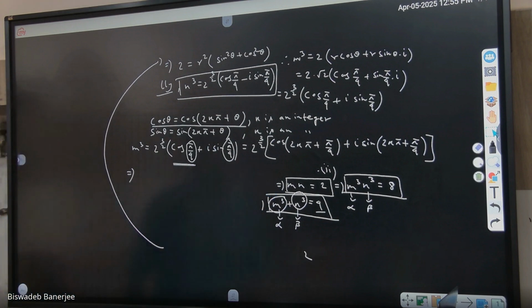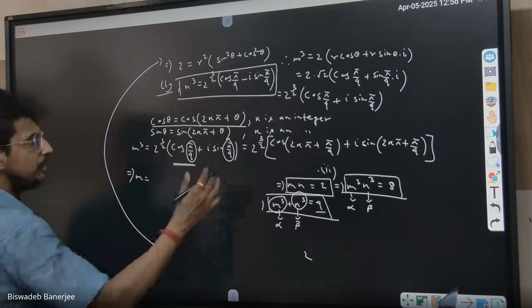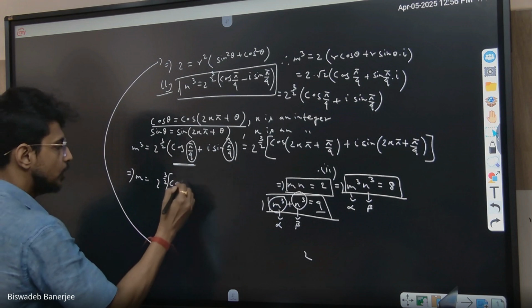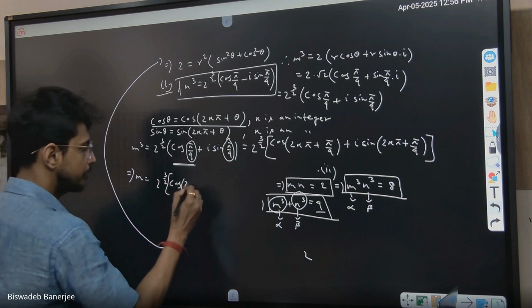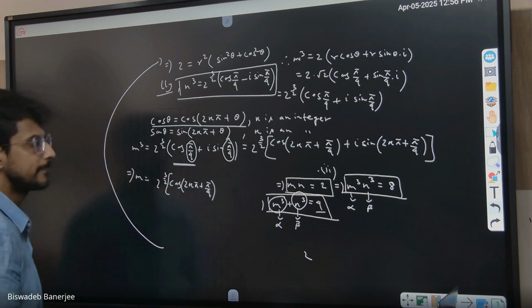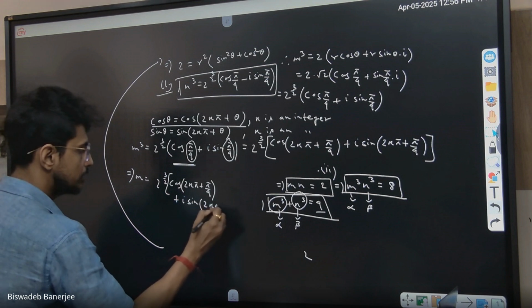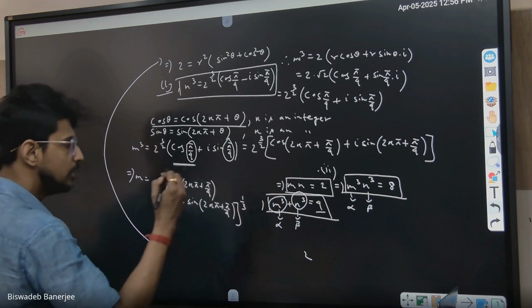So this is my m cube. What is my m? M is 2 to the power 3 by 2 into cos of 2k pi plus pi by 4 plus i into sin of 2k pi plus pi by 4, whole to the power 1/3.